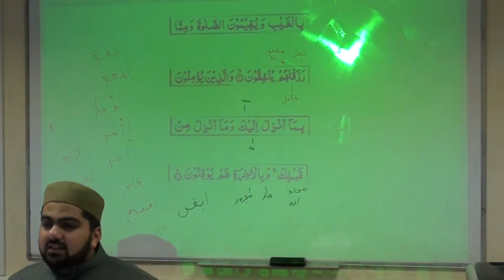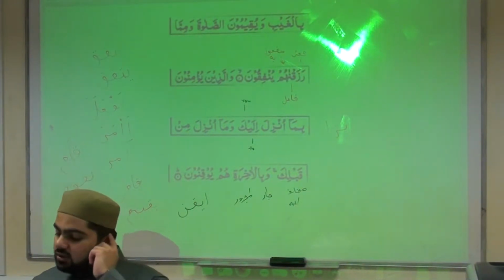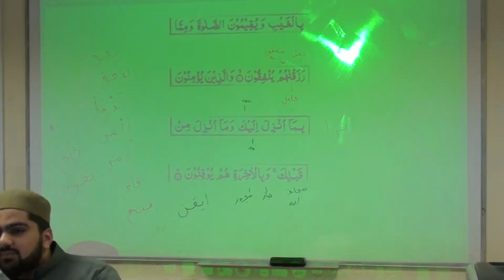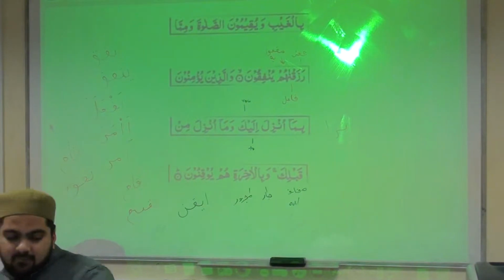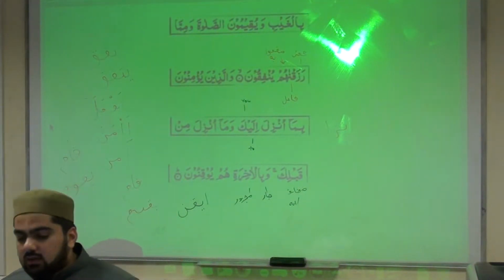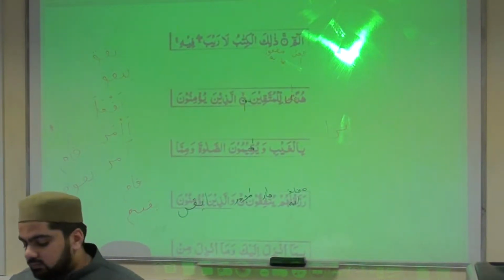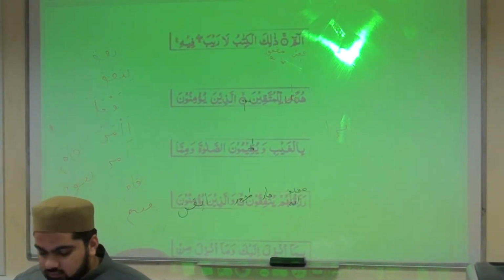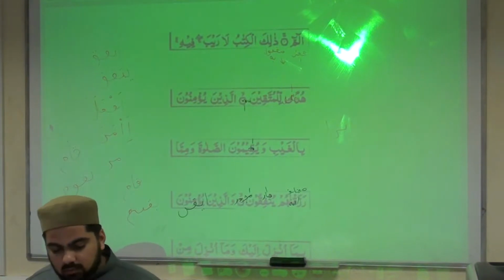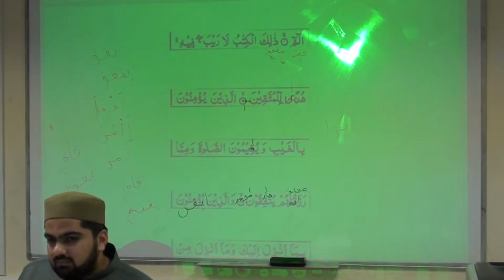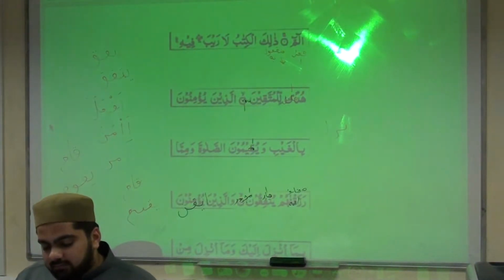It's a connector, and it gives you more information through its sila. Yeah, we did that on that page.